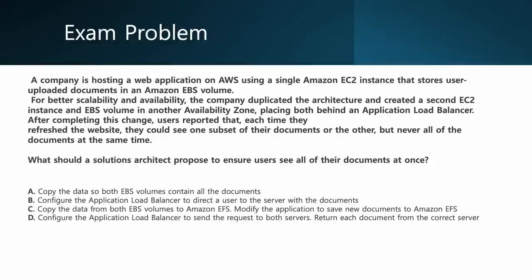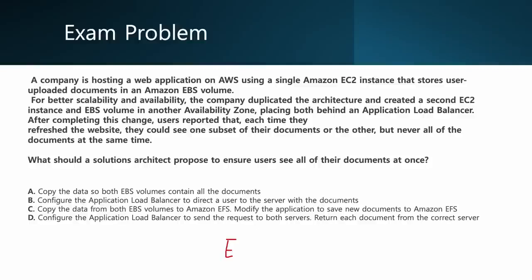After completing this change, users reported that each time they refreshed the website, they could see one subset of their documents or the other, but never all of the documents at the same time. The question asks what a solutions architect should propose to ensure users see all of their documents at once.